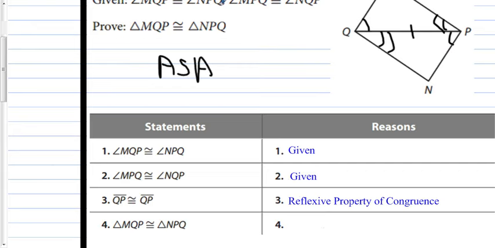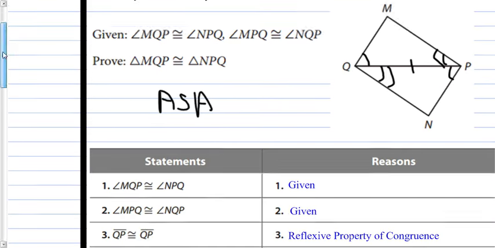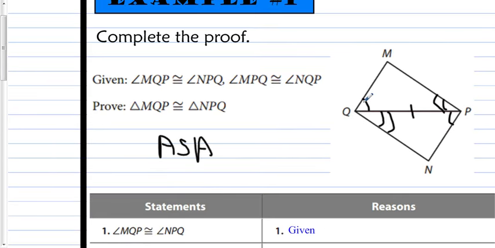I'm doing this one on my computer, not on my smartboard, so the actual writing is a little shakier than normal. So looking back, we have an angle that's congruent to one triangle that's congruent to an angle of another, a side that's congruent to itself, and then another angle from one triangle that's congruent to another. So we have two angles and a side.